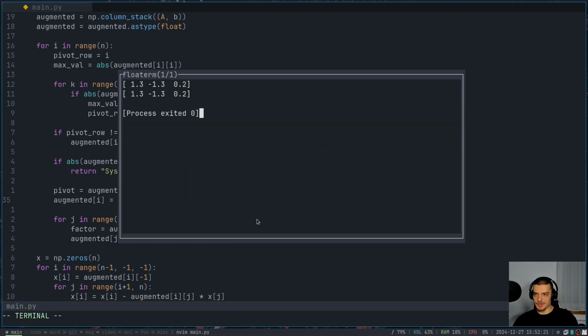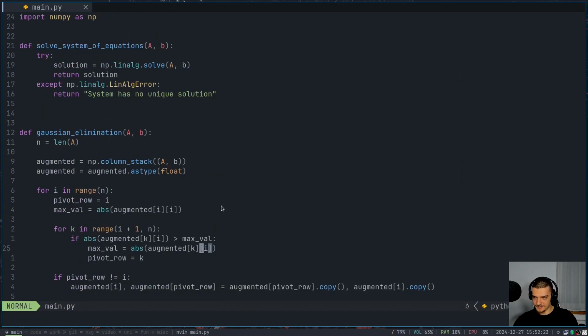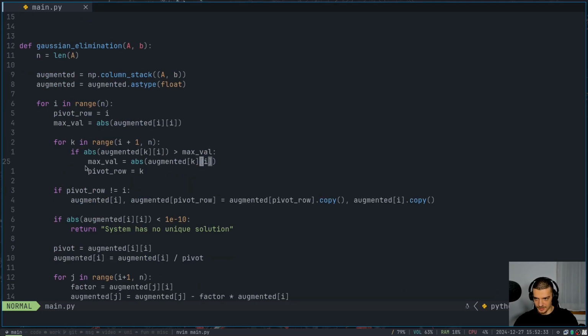So this is how you do Gaussian elimination. Now, again, the goal of this video is not to explain Gaussian elimination in general, but to just briefly recap the code. We create the augmented matrix by combining the columns. We go through all the rows. We try to always pick the maximum value for the pivot element. We basically swap the rows so that the maximum element is always at the position of the pivot element. And then we divide by that number to make it a 1.